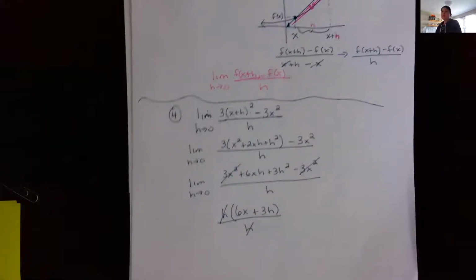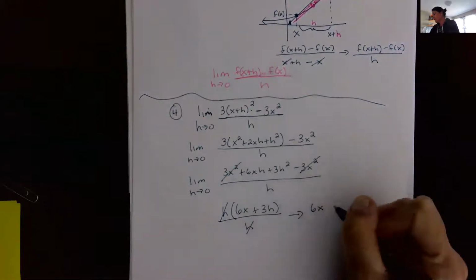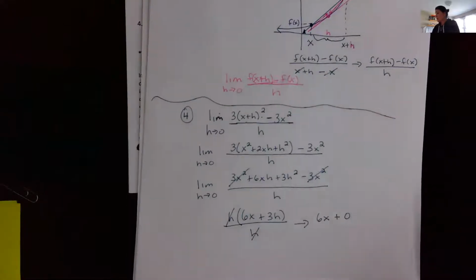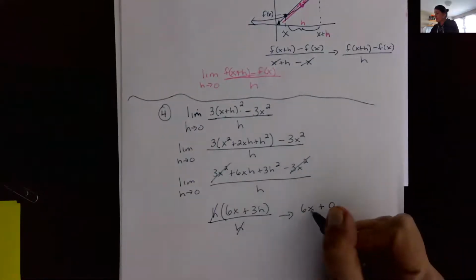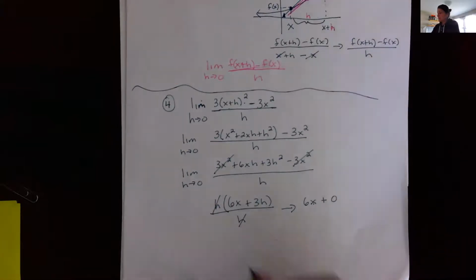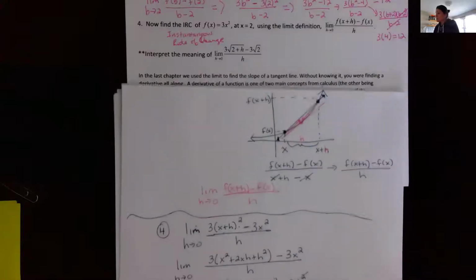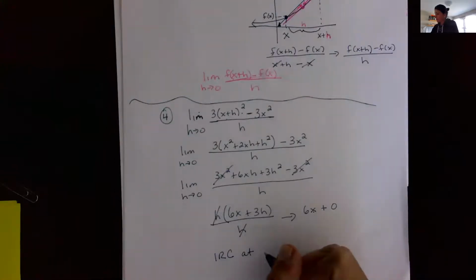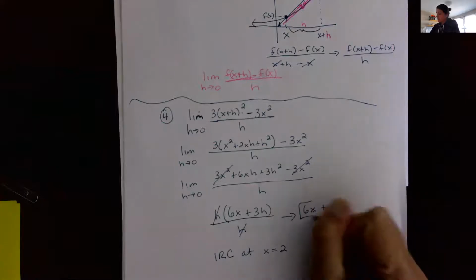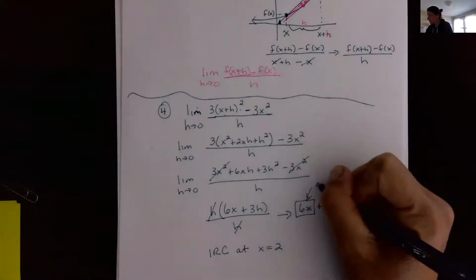That's what now allows me plus 0, right? I'm plugging in 0. So I got to 6x, but remember, we're looking for the instantaneous rate of change at x equals 2. So that gives me my expression for the instantaneous rate of change.